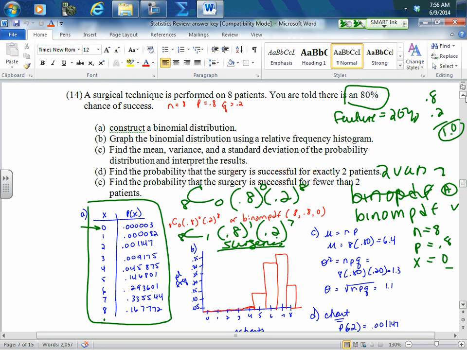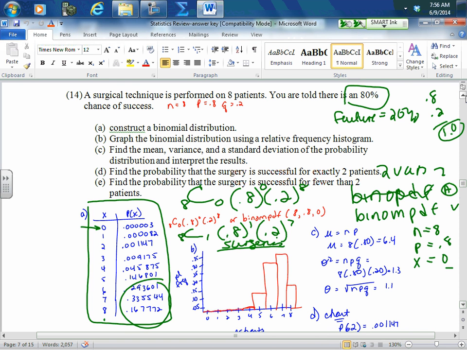Would it be possible that you are that good of a surgeon and out of 8 you had no successful surgeries? No, very rare, right? So your higher numbers are going to be towards your bottom. So in this case it's skewed left. Okay? It follows the small part of your graph. It's skewed to the left.